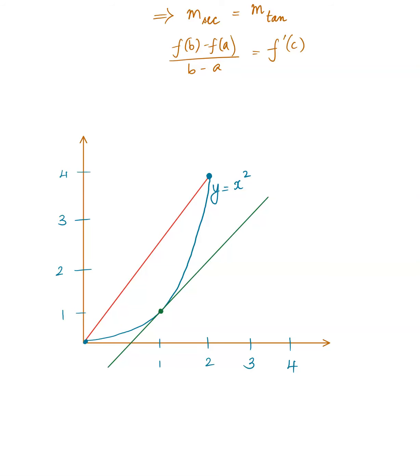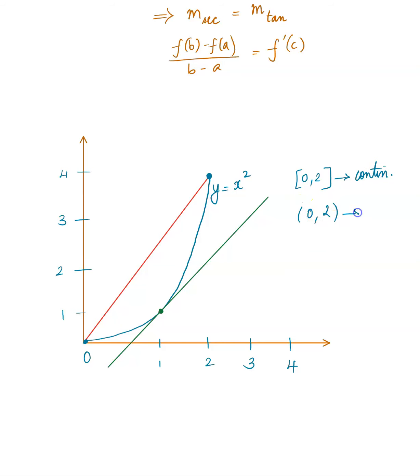Now I'd like to illustrate the MVT idea here. Let's consider y equals x squared, and it's between of course 0 and 2. It is a continuous function in a closed interval AB, which in this case is 0 to 2, and it's differentiable at every point in the interior of 0 to 2.